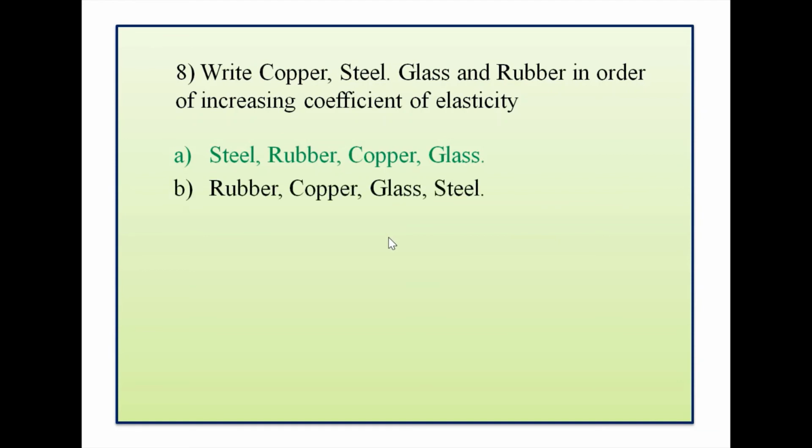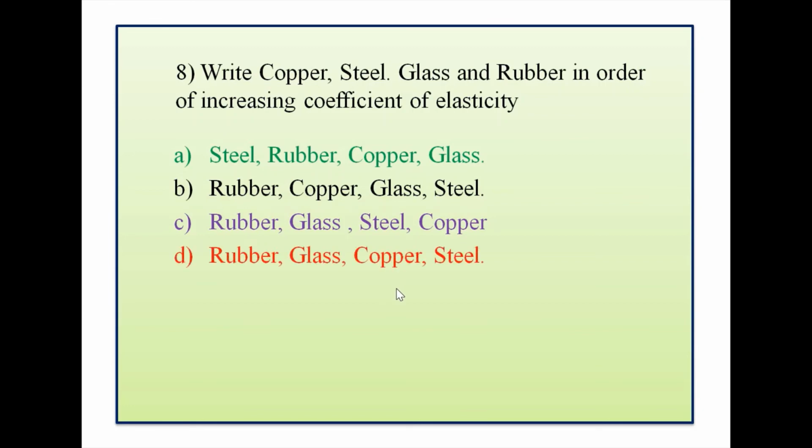Option B is rubber, copper, glass, steel. Option C is rubber, glass, steel, copper, and option D is rubber, glass, copper and steel. So here the correct answer is option D, that means rubber, glass, copper and steel in increasing coefficient of elasticity. So let's see the next objective.